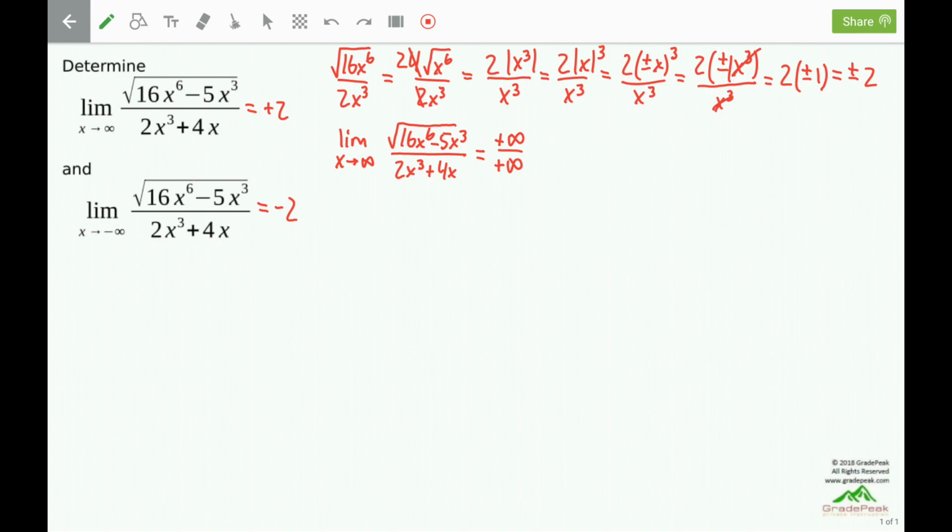It will be reworked by dividing both the numerator and the denominator by the highest power of x in the denominator. That will be x cubed.